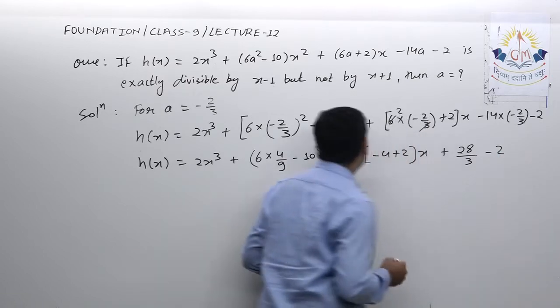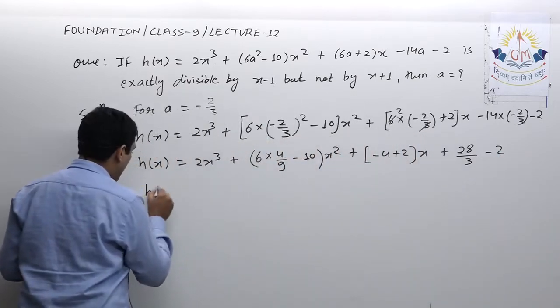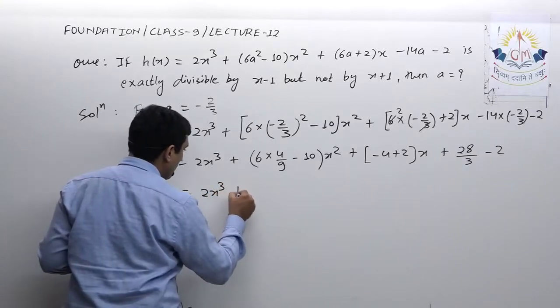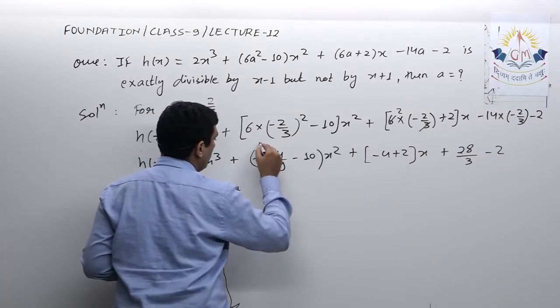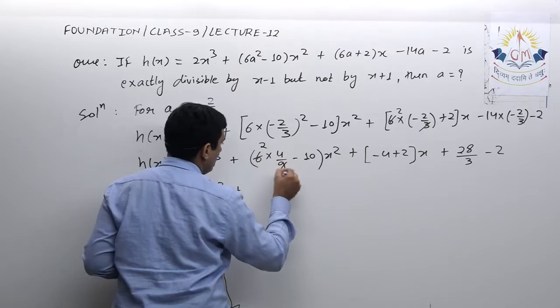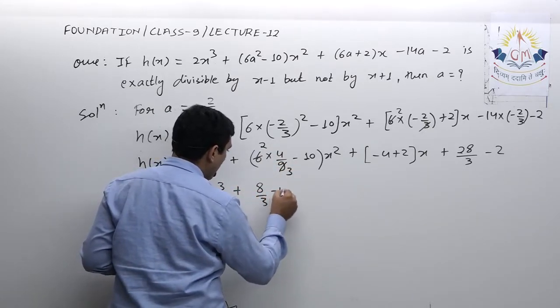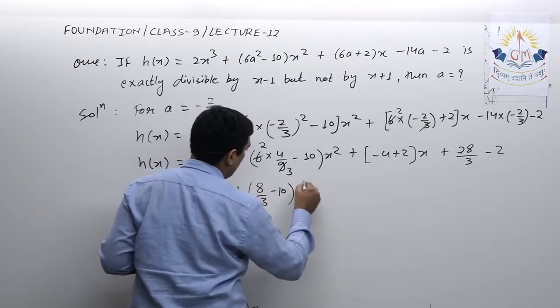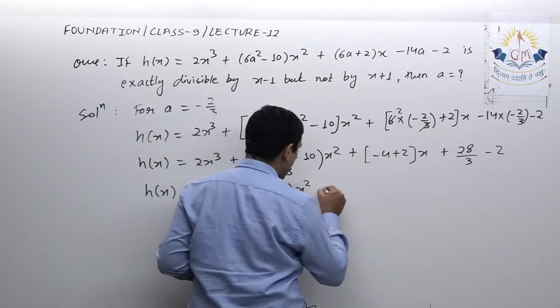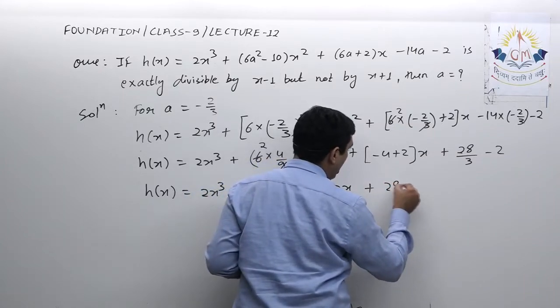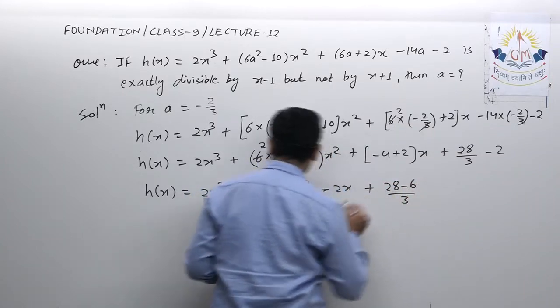So h(x) is equal to 2x cube plus 8 upon 3 minus 10x square minus 2x plus 28 minus 6 upon 3.